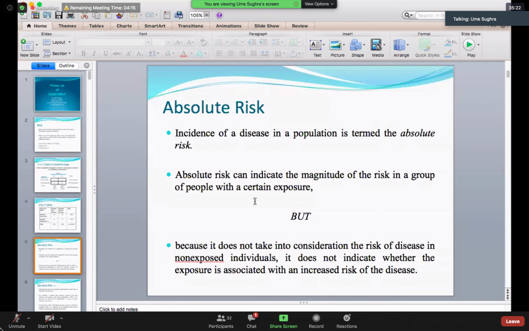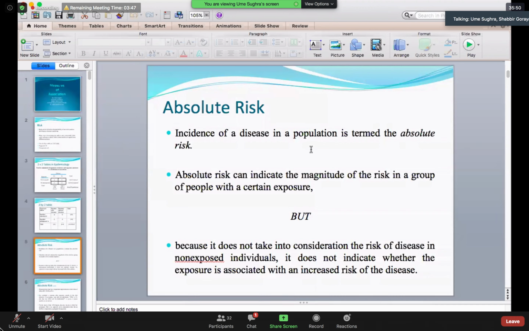Till the time we don't compare the incidence of the disease among those who have the risk with the incidence of the disease among those who don't have that risk, we won't be able to advocate that. Did you get that point?